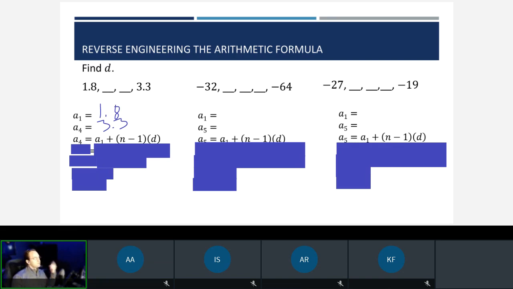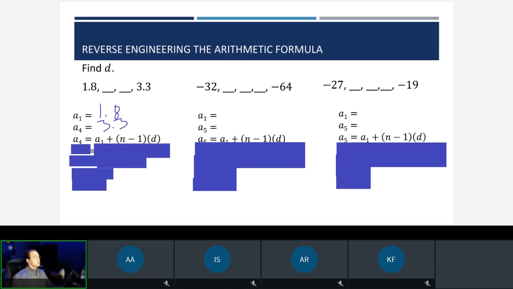Well, so we know the first term, we know our fourth term, we know the number of terms. We need to find the common difference. So how many terms do we have? 4. So n in this case will be 4.